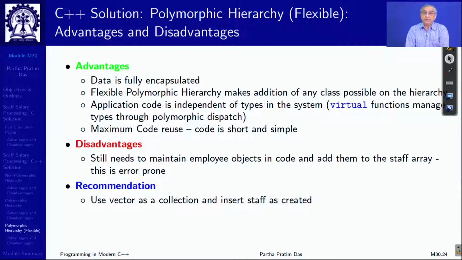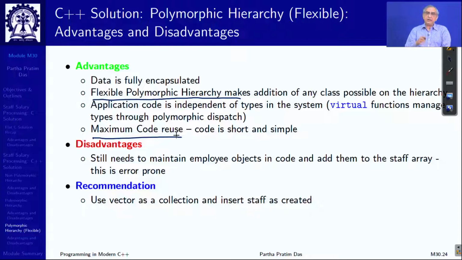Assessment again, there is always scope for refinement possibly. So, what we see is advantages remain the same. We have added flexibility by adding this abstract base class. We have almost maximum code reuse, no code is being duplicated, replicated anywhere, but we still have a disadvantage.